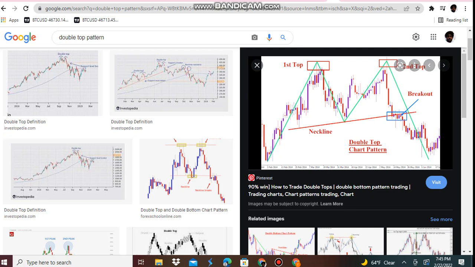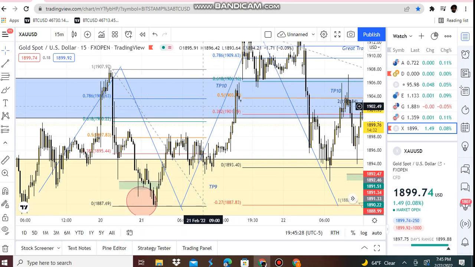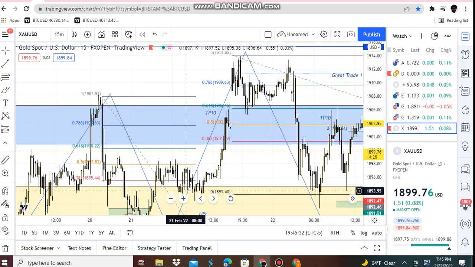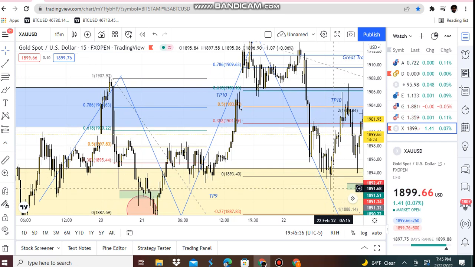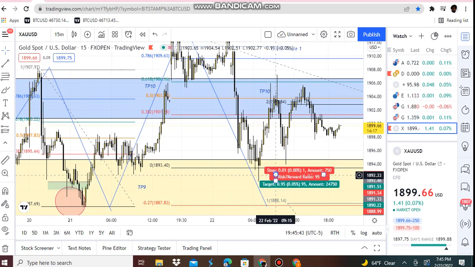All right, gang. So back to the charts, you see this double top pattern. We formed this double top pattern, right to 1891, February 22, and we put our stop loss into profit, boom, and we took all profit.